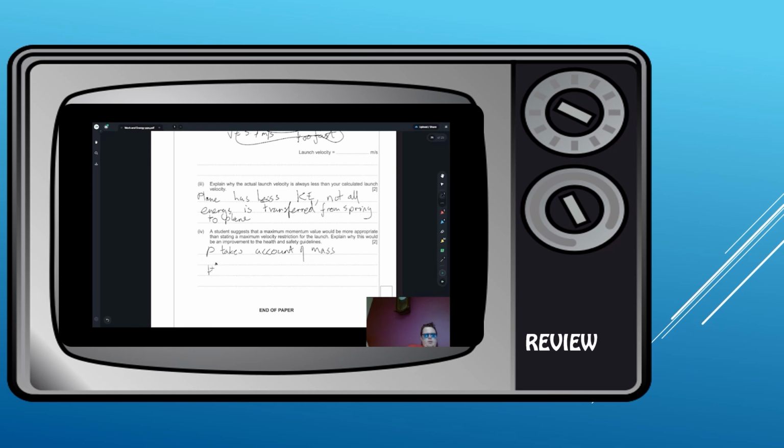So a heavier object, and you can use the word speed here or velocity, I'm going to use speed because it's easier, has more momentum, so more dangerous. A heavier object with the same speed. And the 2 marks basically, one for saying momentum has mass in it, and the other one is for pointing out something along those lines.